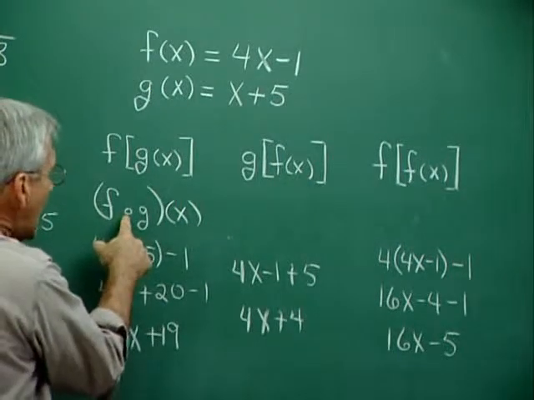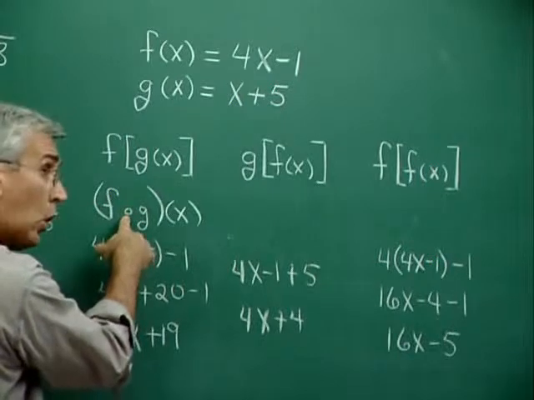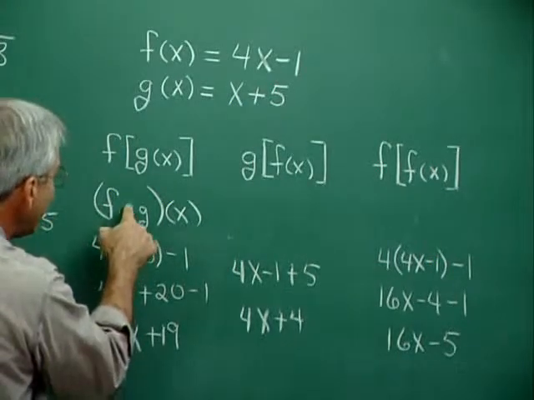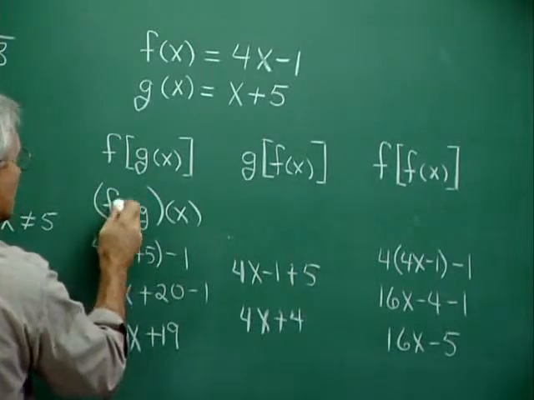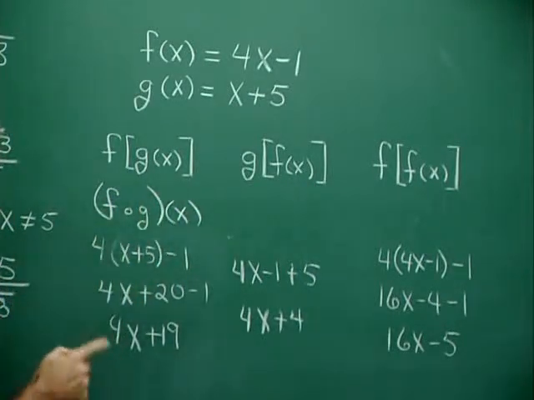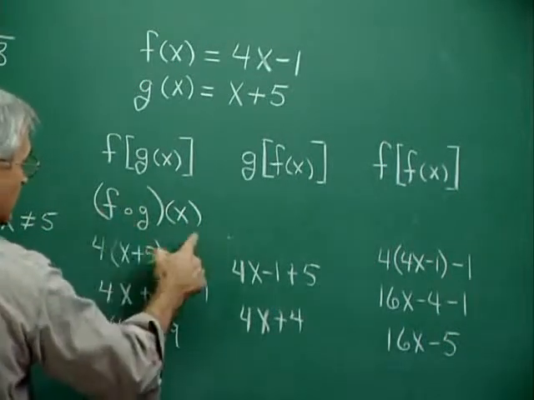Now, this is not a 0, and it's not a letter O. It's just a little bitty circle. And the students read this as f circle g of x. But f of g of x is what this says. That's the notation for it.